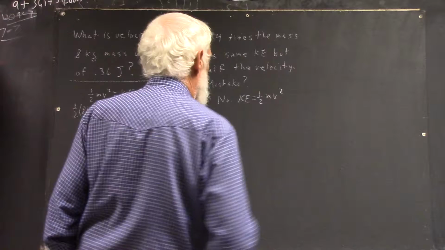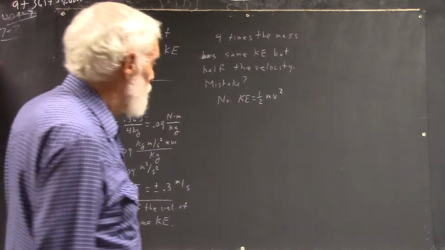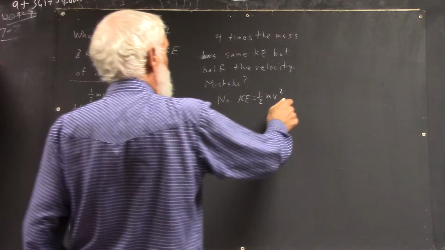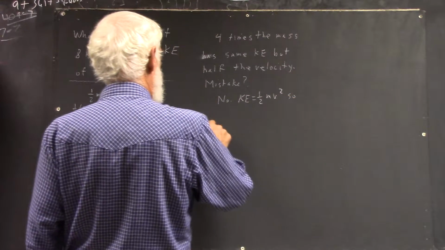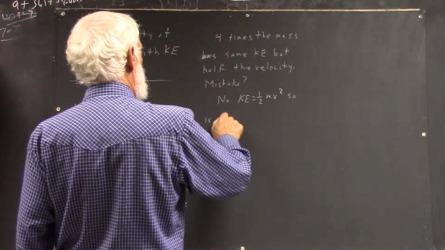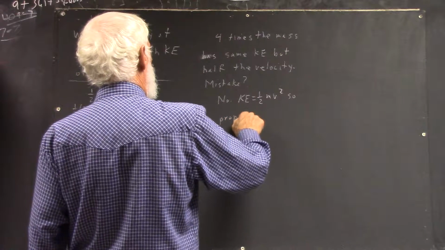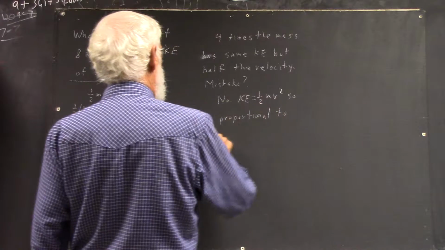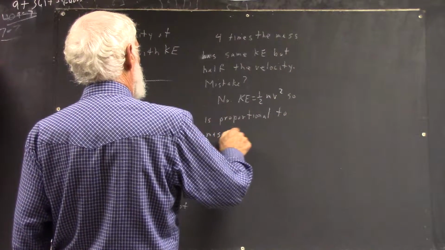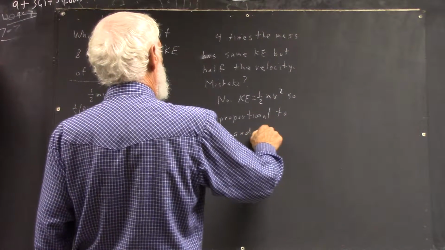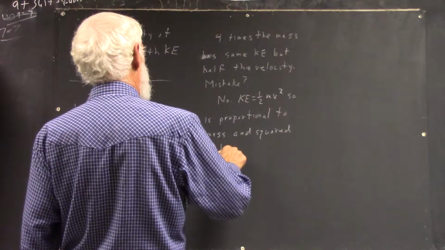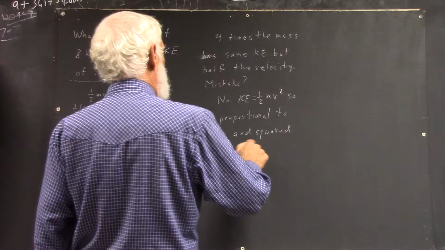Kinetic energy is 1/2 mv squared. Emphasis on the square. So it's proportional to mass and squared velocity.